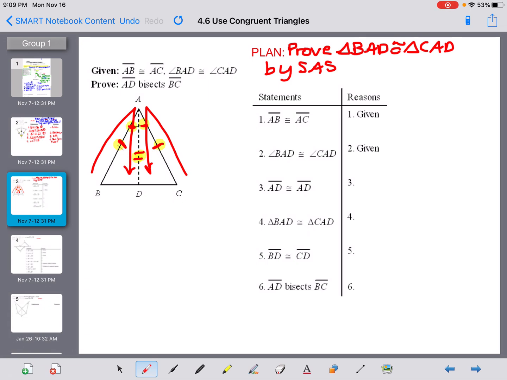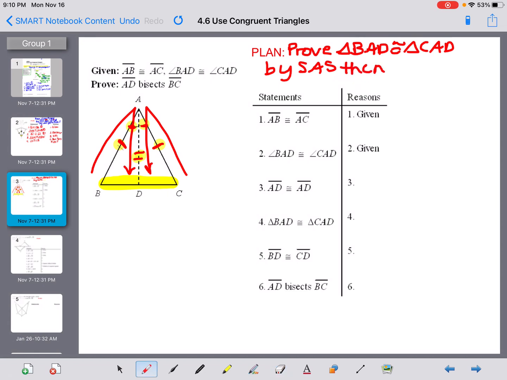Then, okay, they want me to prove that AD down here, AD bisects this BC. So if it bisects, what would be equal? BD and CD. Okay, well, would BD and CD be part of those triangles? If we just prove the triangles by side, angle, side, then I don't want my highlighter left on.